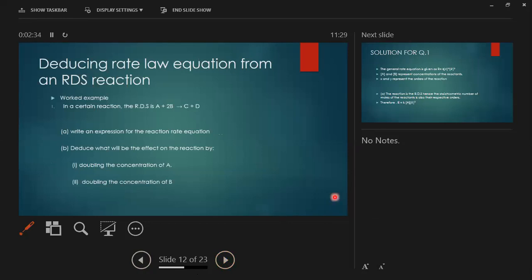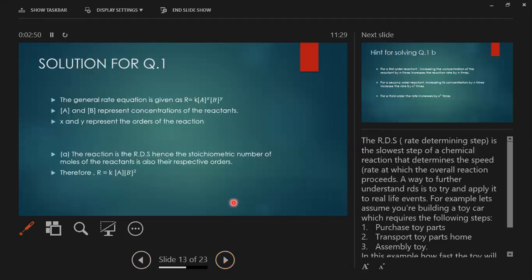So this is our equation, and once it's the rate determining step, in order to get the expression for the rate equation, the general formula is R equals K, concentration of A to the power X and concentration of B to the power Y. As I've explained here, the square brackets stand for concentration of the reactants.